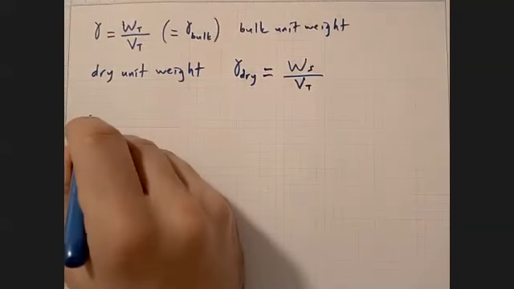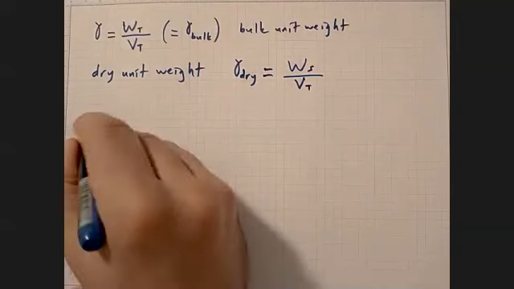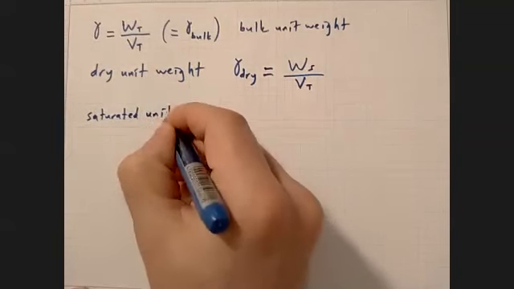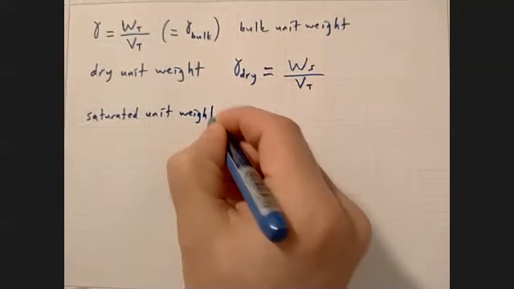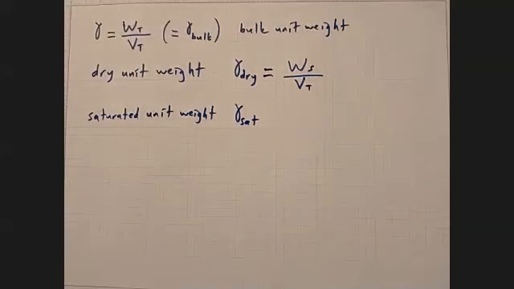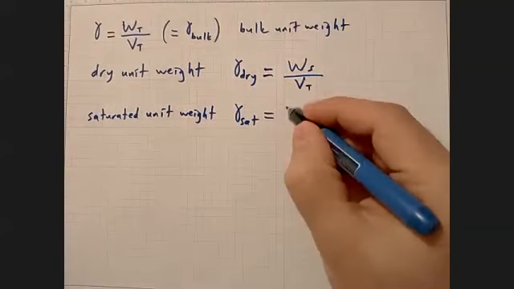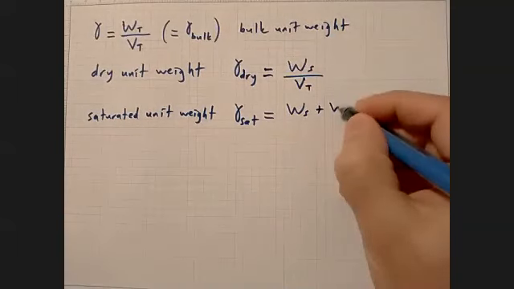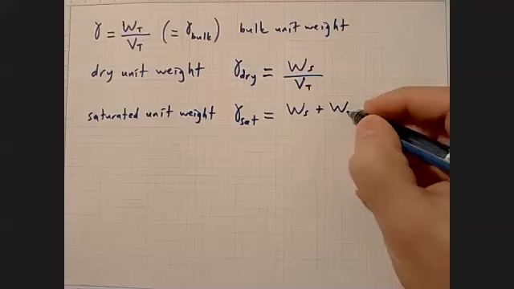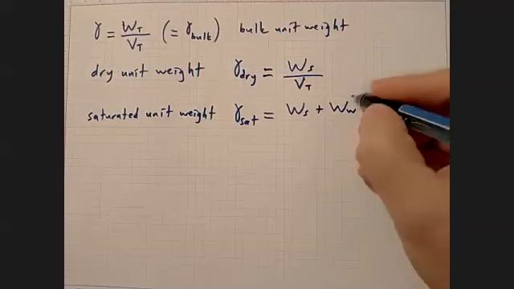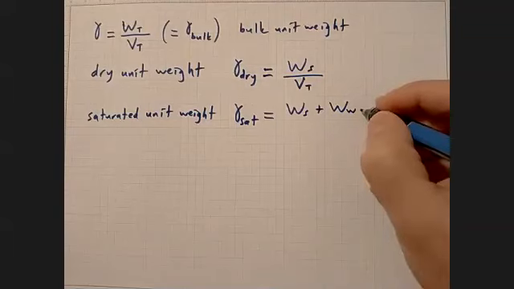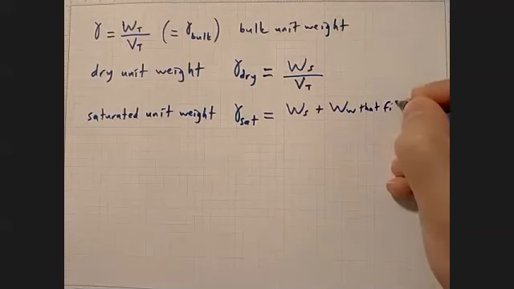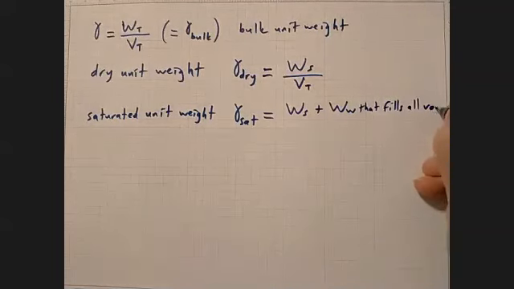And then the other one is saturated unit weight. We show it with gamma sat, and that is weight of solids plus weight of water that fills all voids.